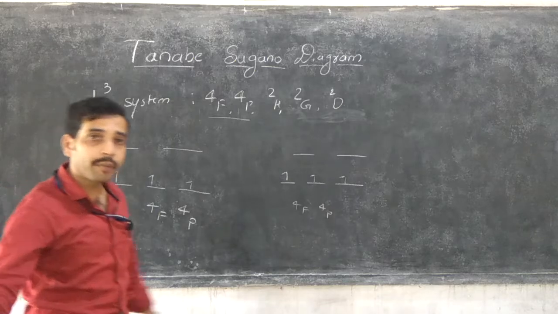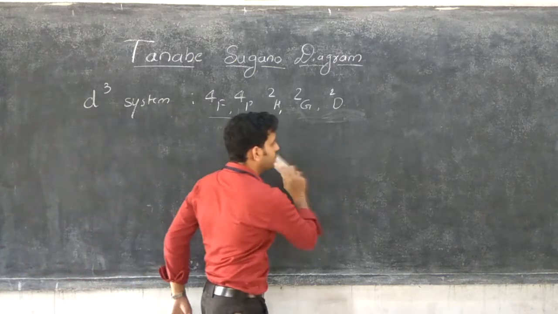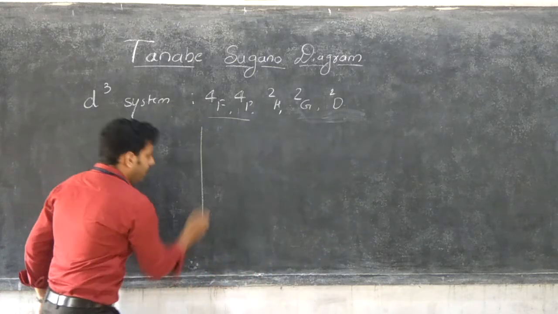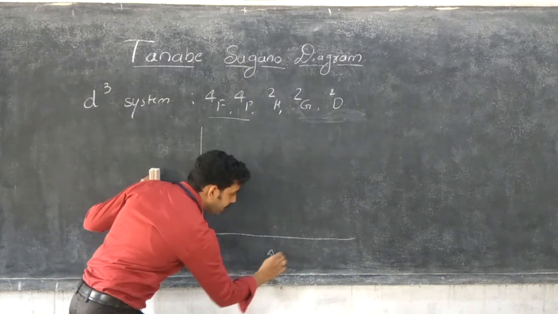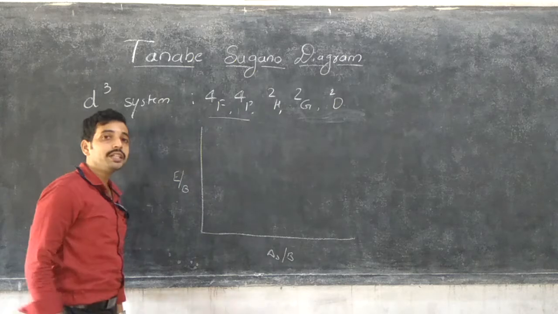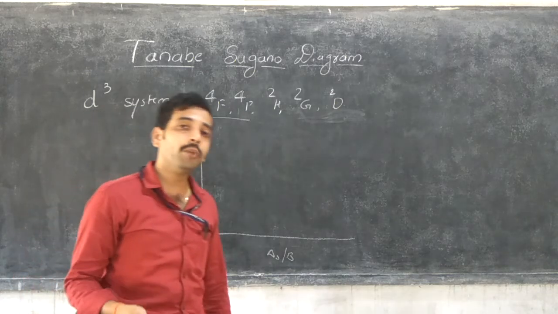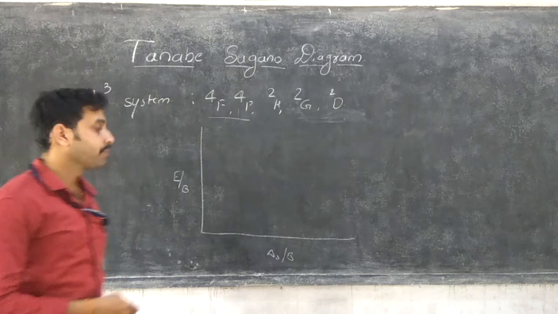We just start the Tanabe-Sugano diagram and the number of electronic transitions observed in the d3 system. It's a plot of the graph of delta naught by B versus E by B. It's a graphical representation plotted with delta naught by B as the abscissa and E by B as the ordinate.